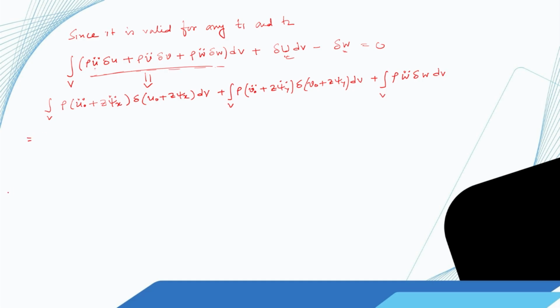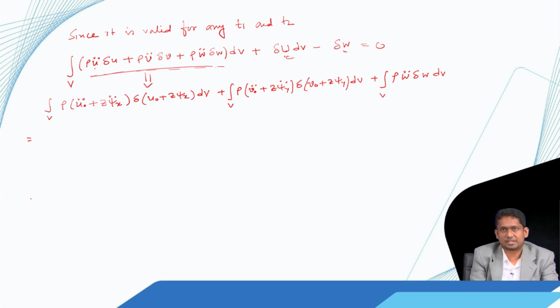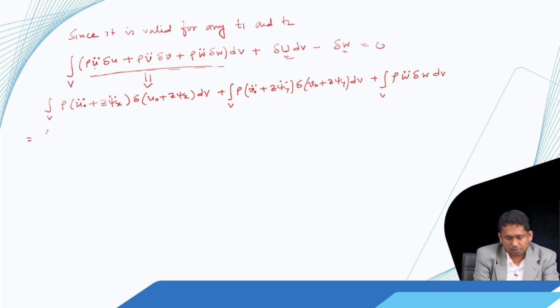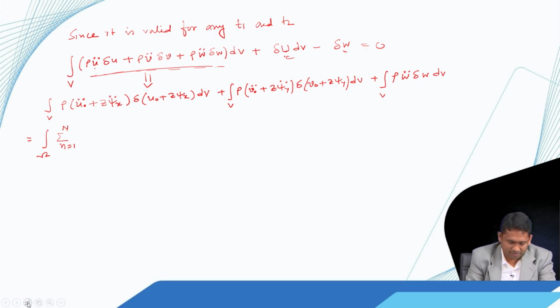Now, what we will do is convert this volume integral into a surface integral. So, first we will integrate over the thickness of the laminate and then we will integrate over the surface. We know that the laminate is made of n number of layers, so k goes from 1 to n, total n number of plies.